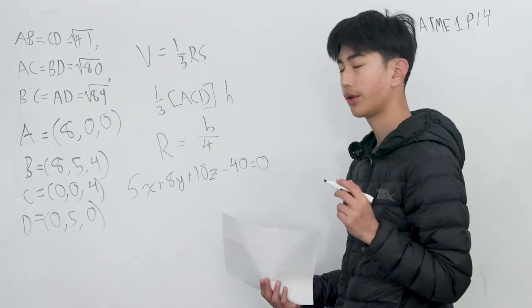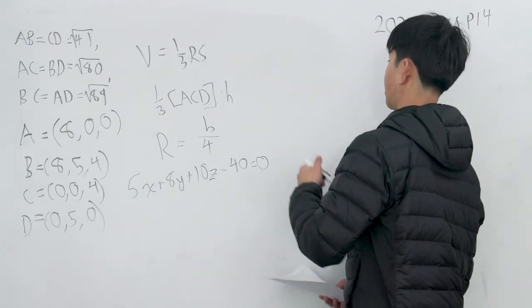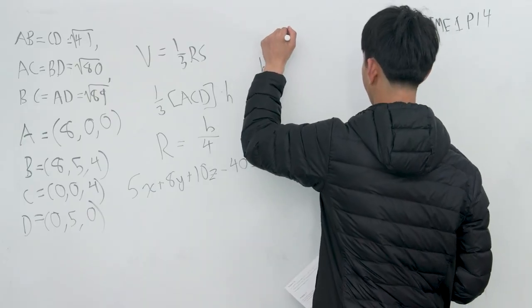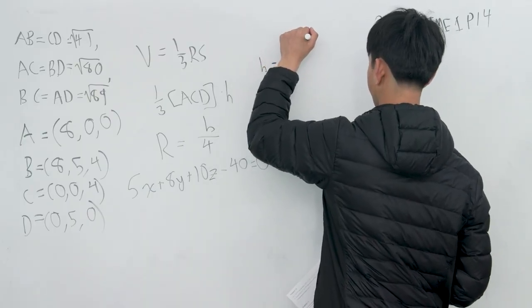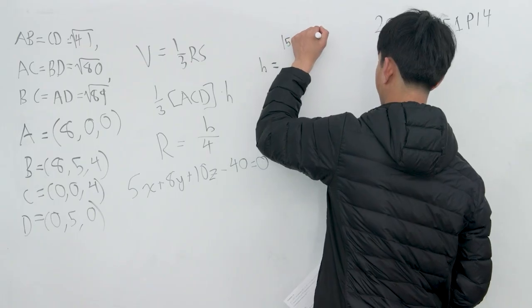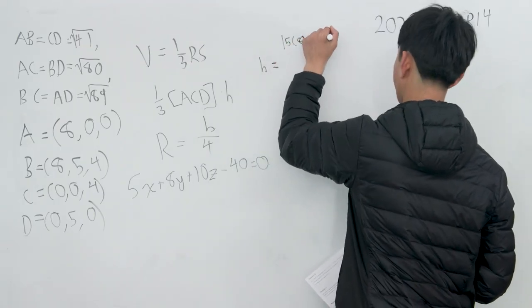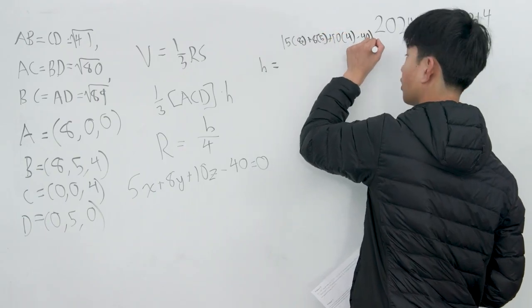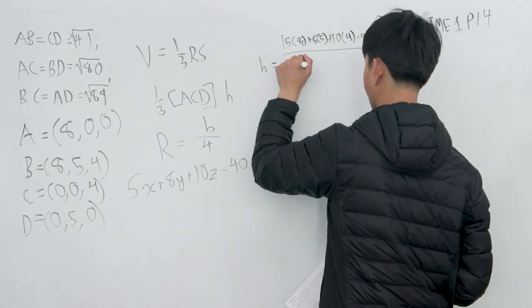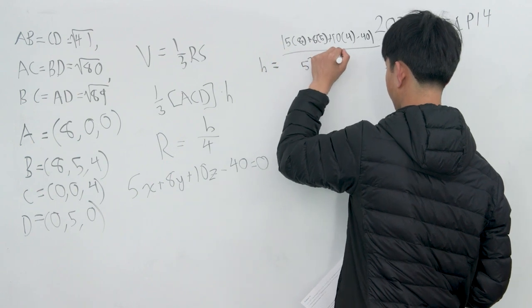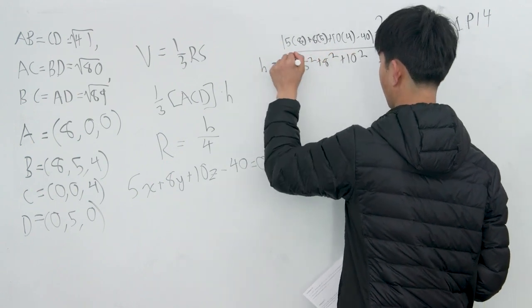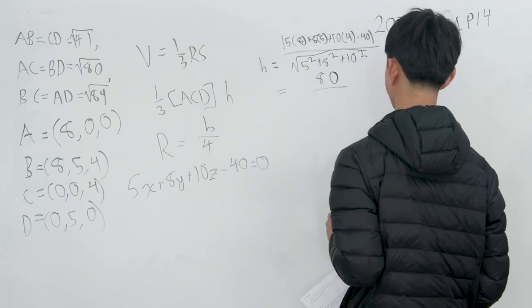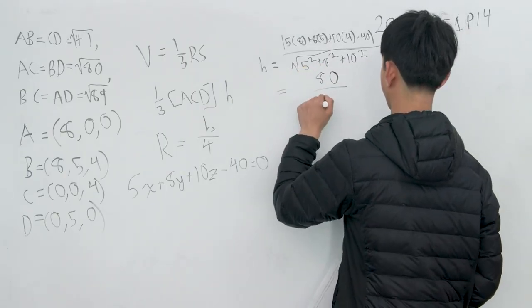So we can use the point-to-plane distance formula to solve for H. H is equal to the absolute value of 5 times 8 plus 8 times 5 plus 10 times 4 minus 40, over the square root of 5 squared plus 8 squared plus 10 squared. This equals 80 over the square root of 189.